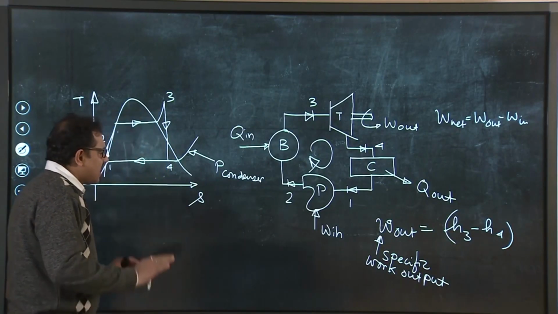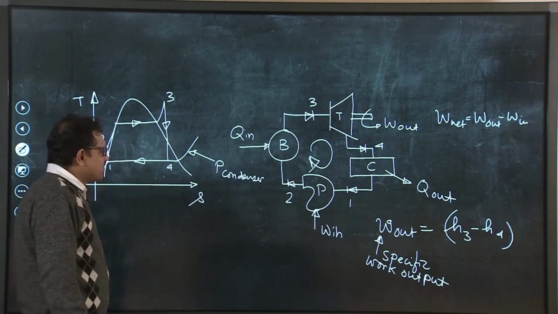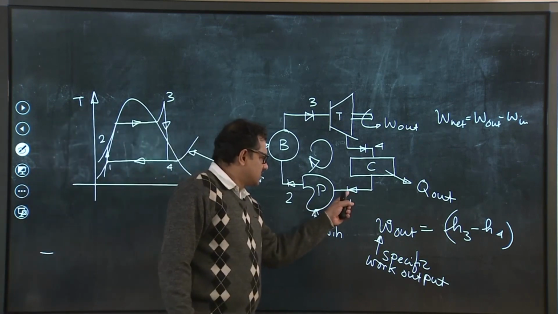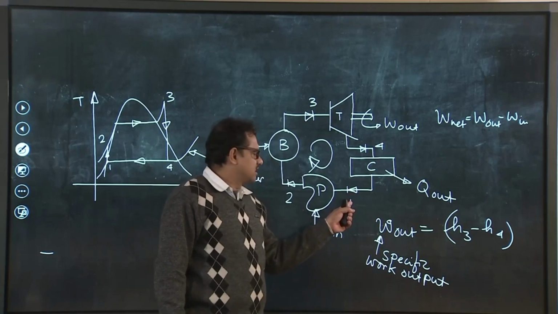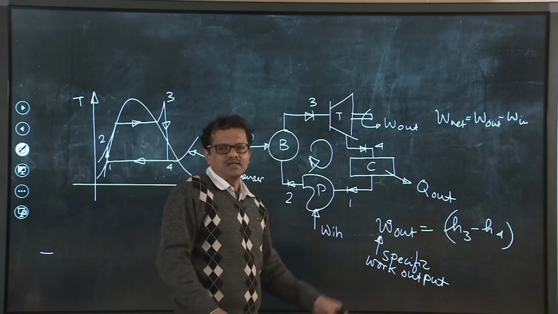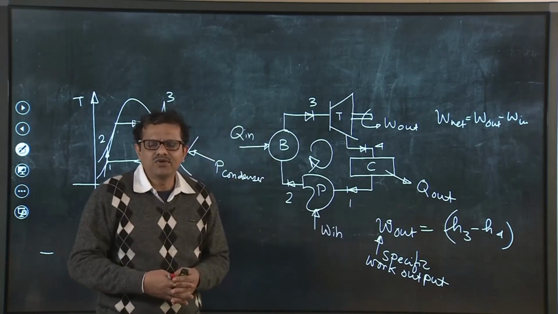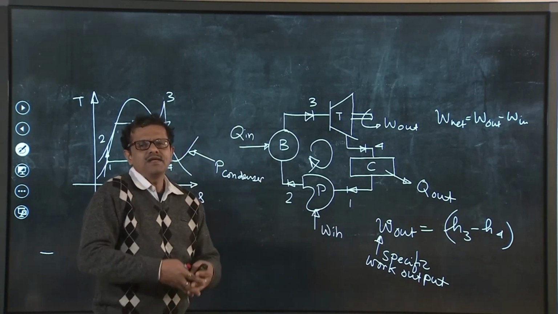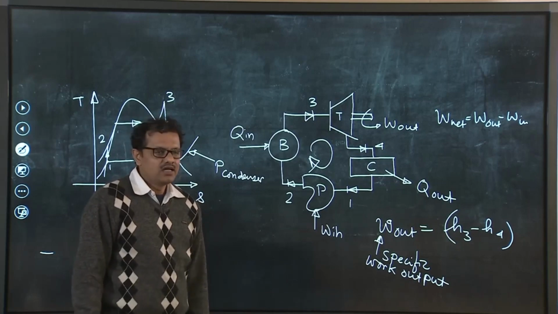So, the ideal situation should be that the temperature of the liquid at the inlet of the pump should be in the range of 25 to 30 degrees Celsius. It may also be 20 degrees Celsius.